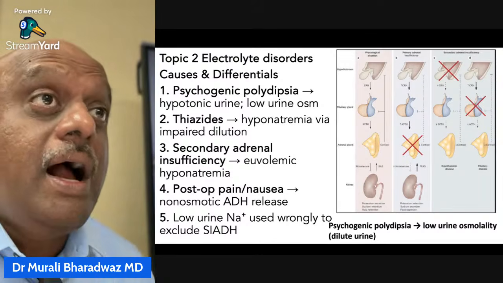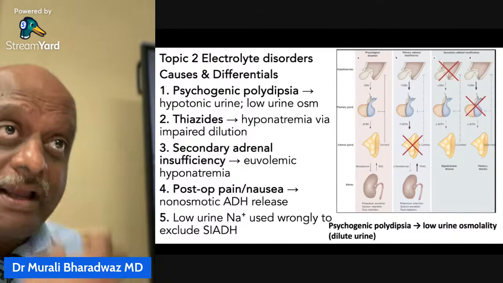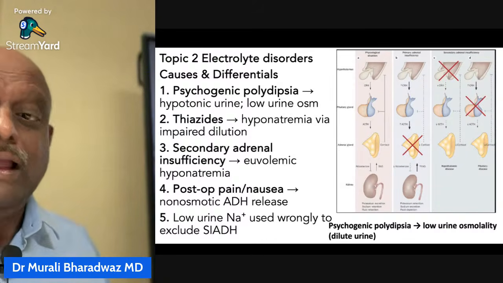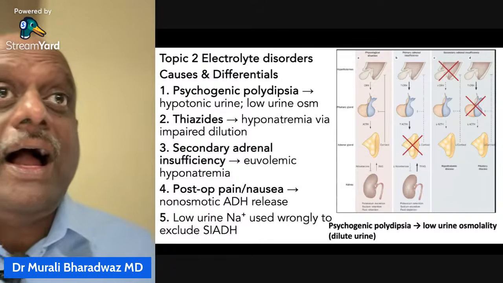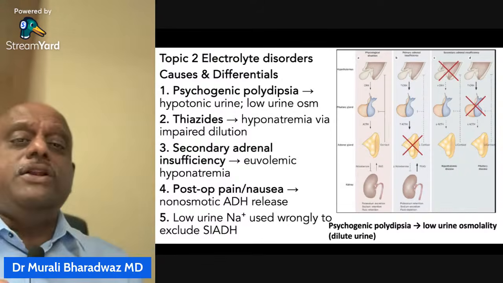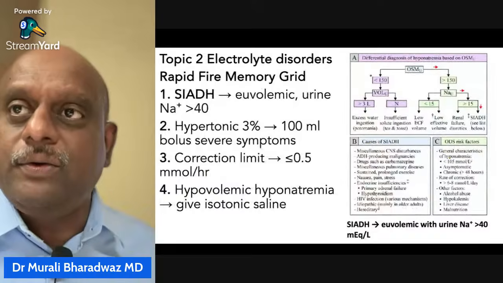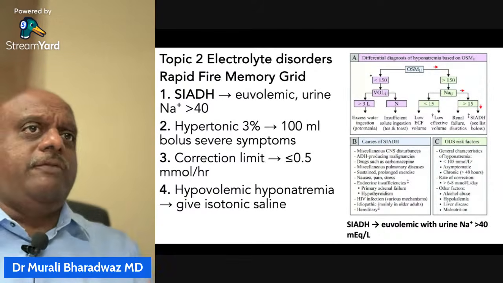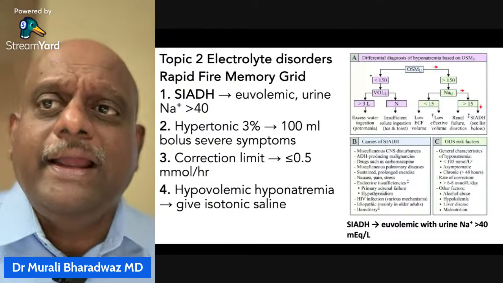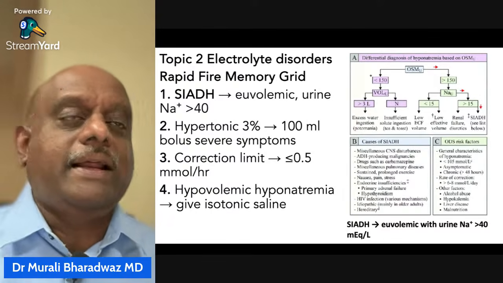That's the reason. Other causes of hyponatremia, like decreased intake, have a low urine sodium, whereas in SIADH you have high urinary sodium, which is a differentiator, is what you need to remember. So SIADH is euvolemic with urinary sodium more than 40 is what we need to basically remember.